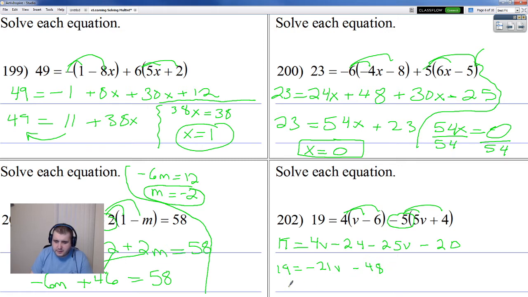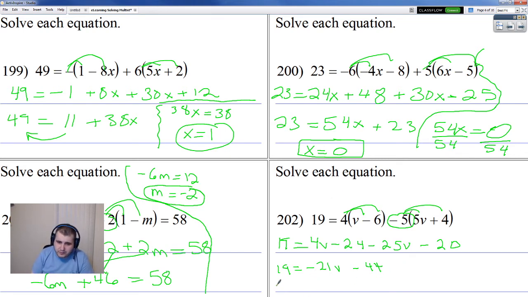Add the 48. Did I do that right? I think I made a mistake somewhere. Ah, that's a 4. This is not 48. It's a 44. See, this is why it's always important to double check your work.